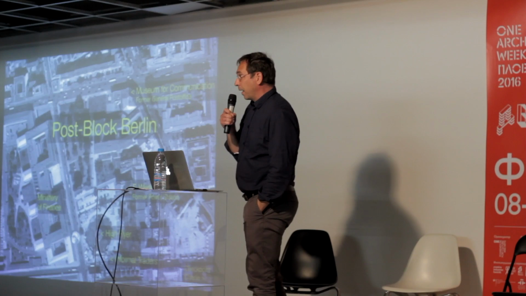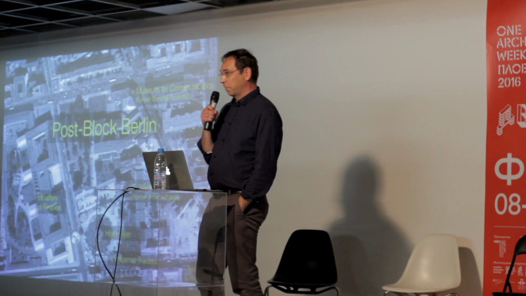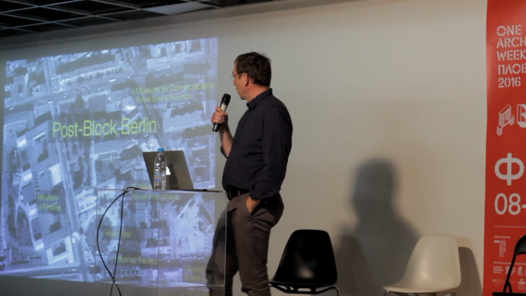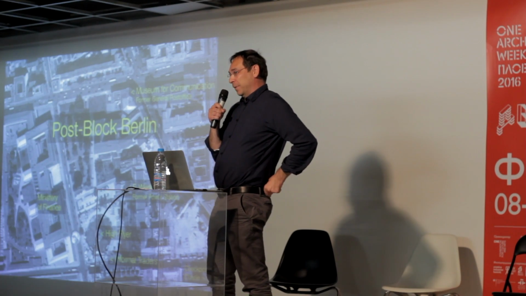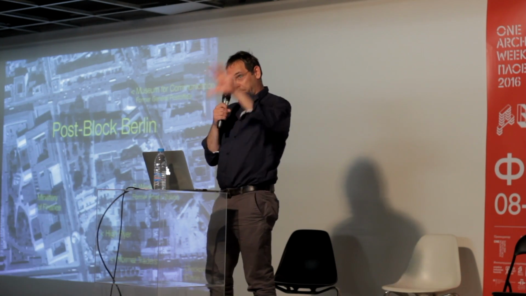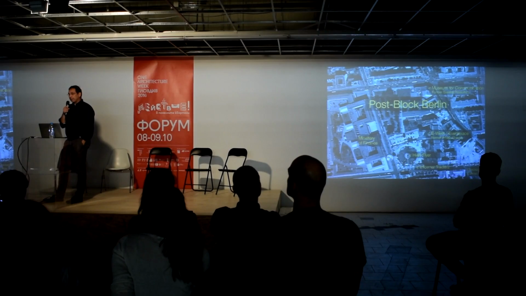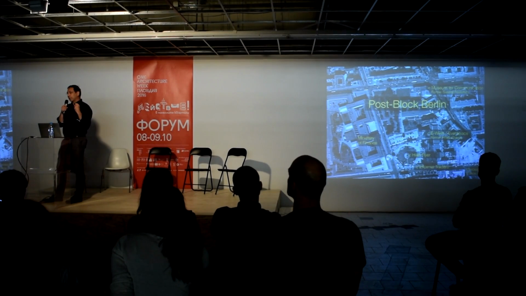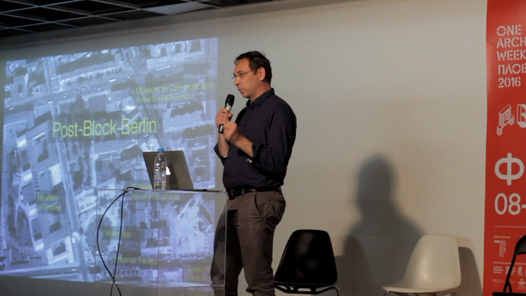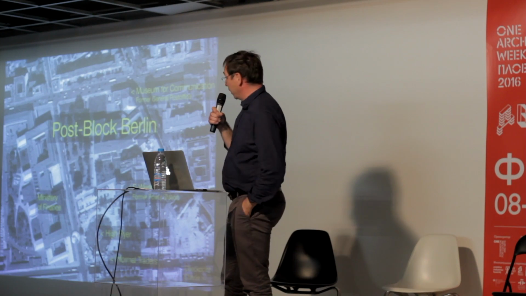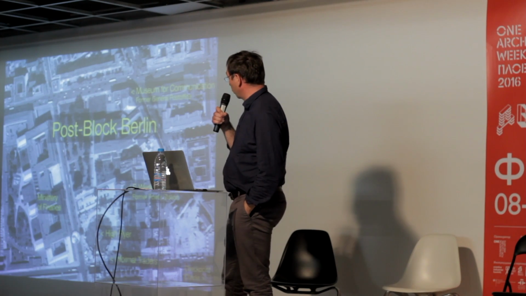So I start with the most formal project. It's the most recent and most formal, maybe we're getting old, but looking at the surroundings here, I thought there is a need for some aesthetically embedded public space to create addresses. This is very central in Berlin, post-block Berlin.